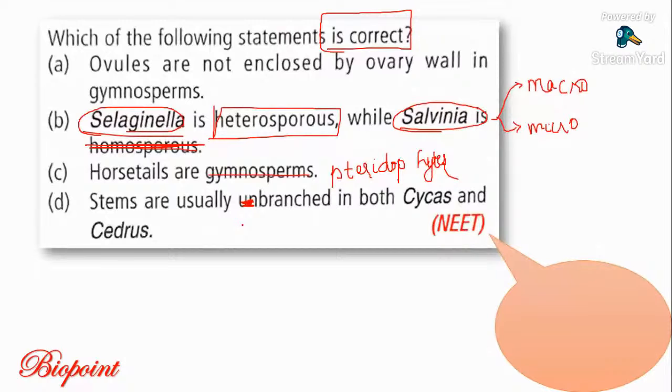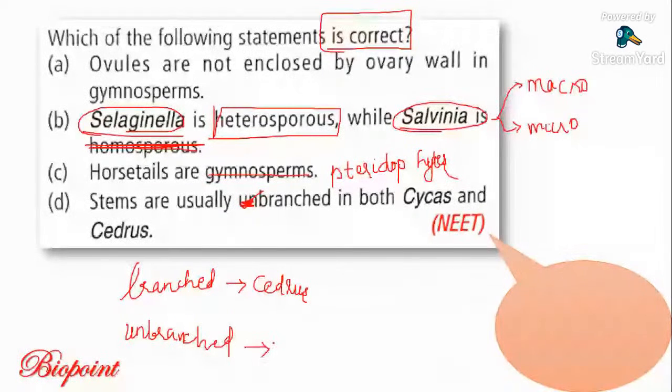Stems are branched in Cedrus, unbranched in Cycas. So the correct answer for the question is option A.